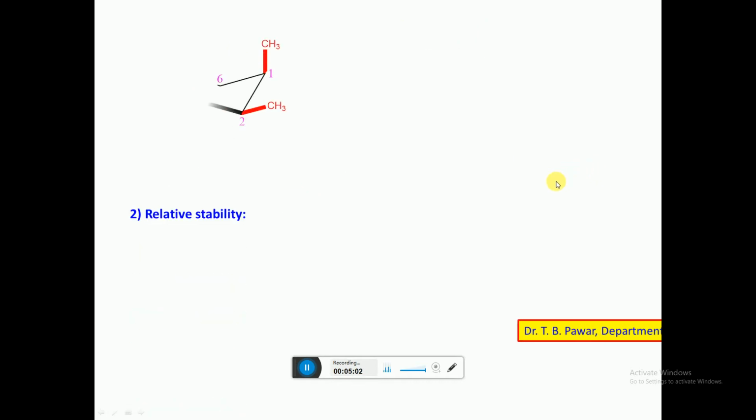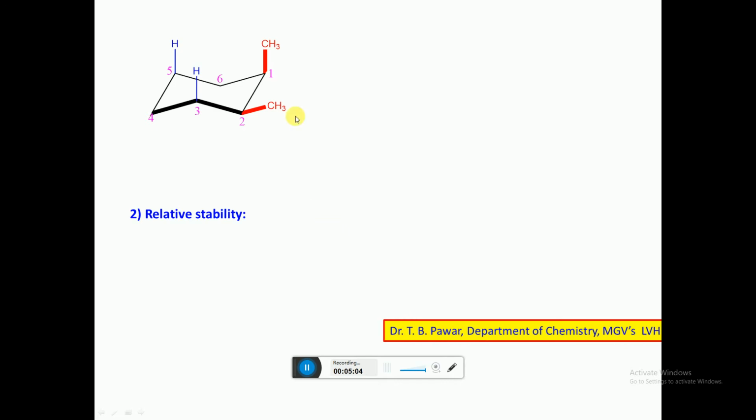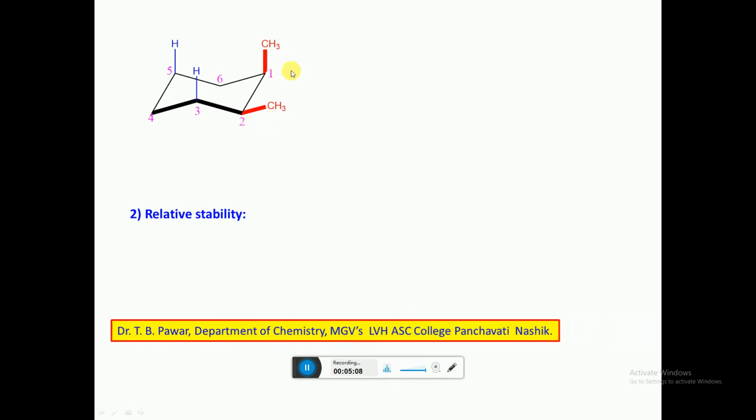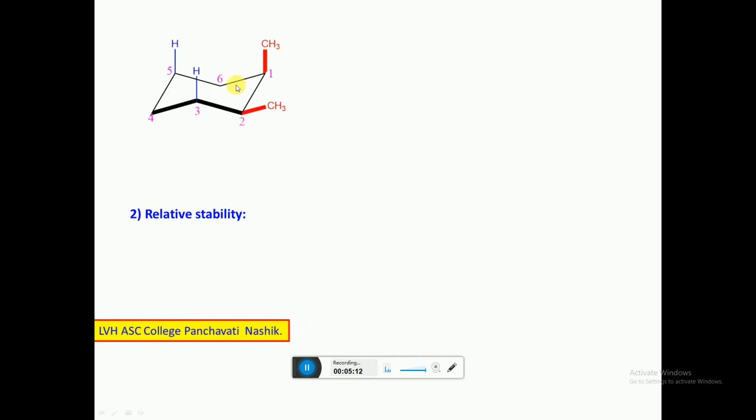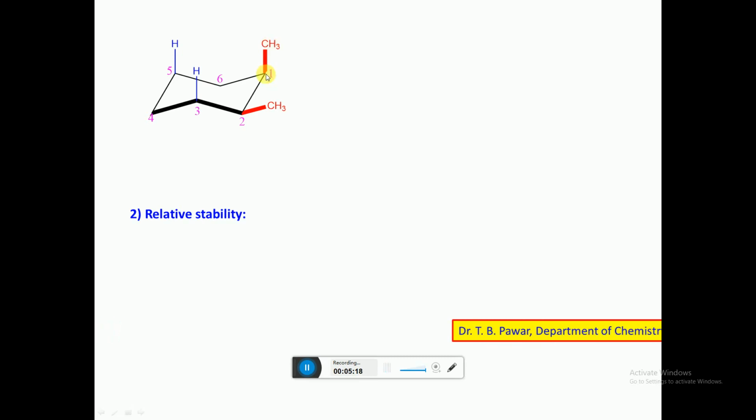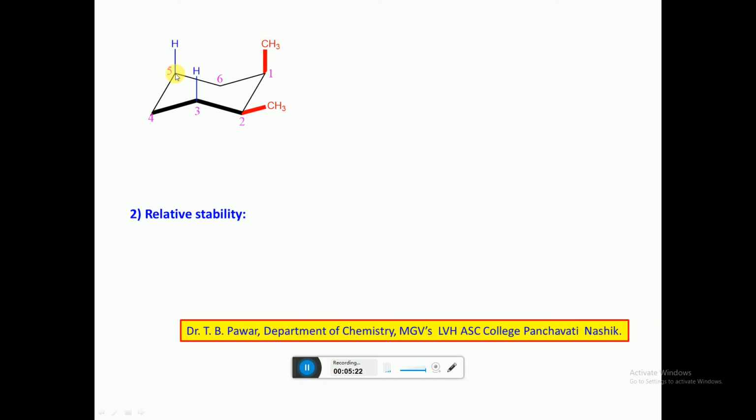Now relative stability. Here, one methyl is in the axial position, and the other is in the equatorial position. When the methyl is axial, it interacts with the axial hydrogen. In this molecule, C1 CH3 is gauche to carbon number 3, and C1 CH3 is again gauche to carbon number 5.